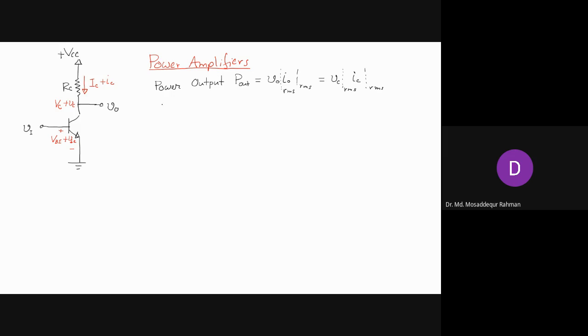And then the input power, let's define it as P in. What is the input power? Can anybody say what will be the input power in this case?